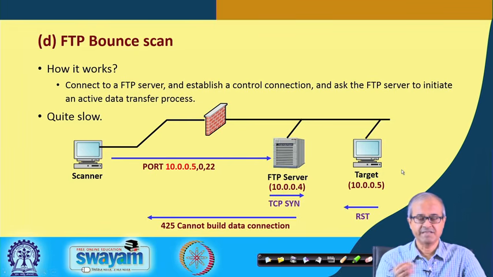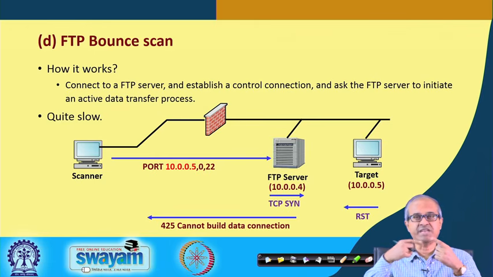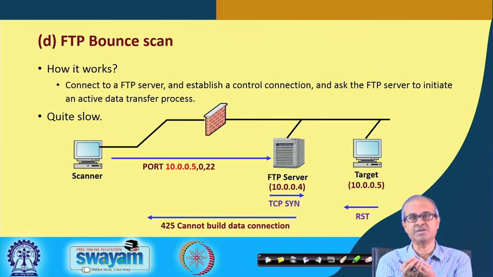Okay. There is another way, this is called FTP bounce scan. You see, whenever we establish a connection with the FTP server to transfer a file, there are two connections that are actually established. One is called a control connection, the other is called the data connection.